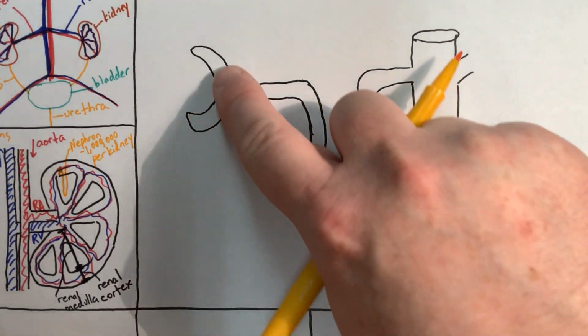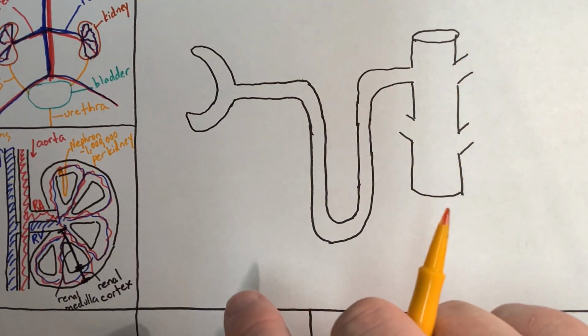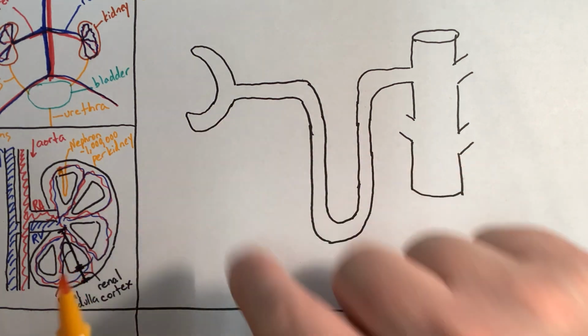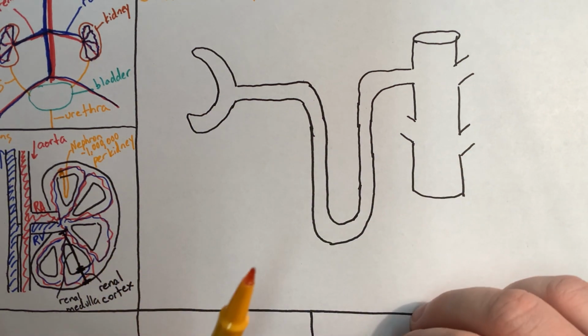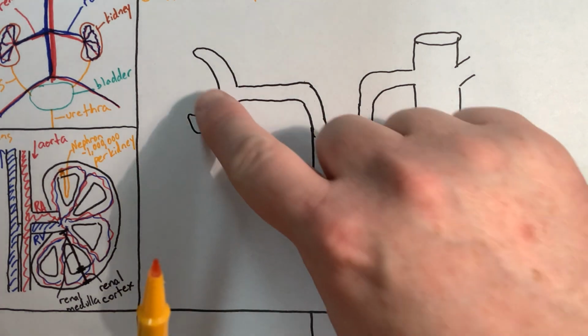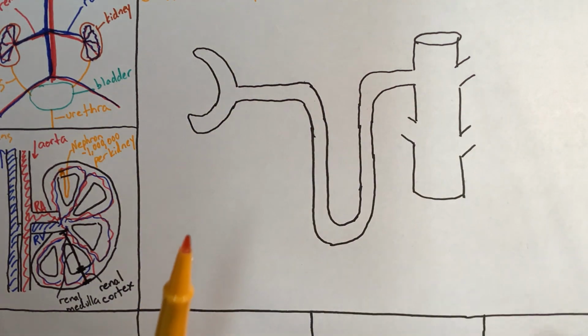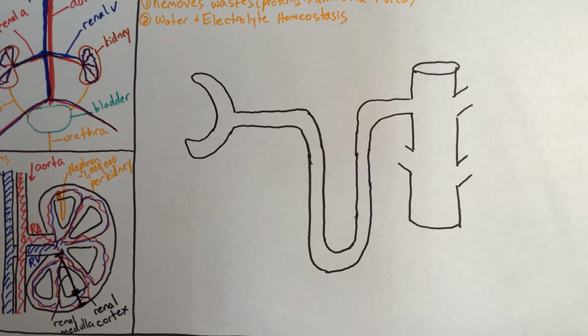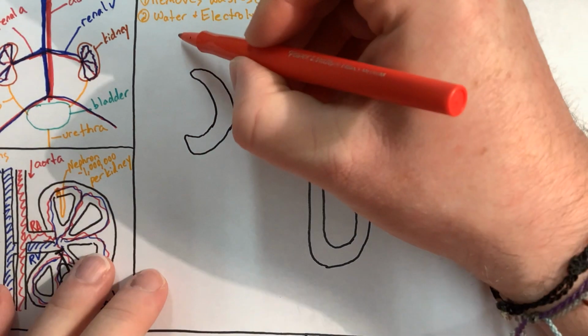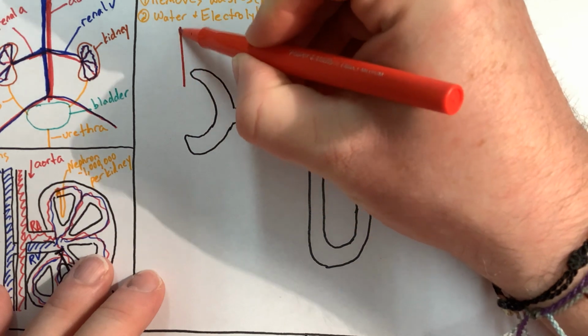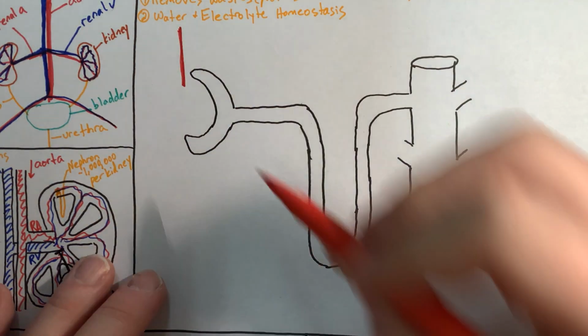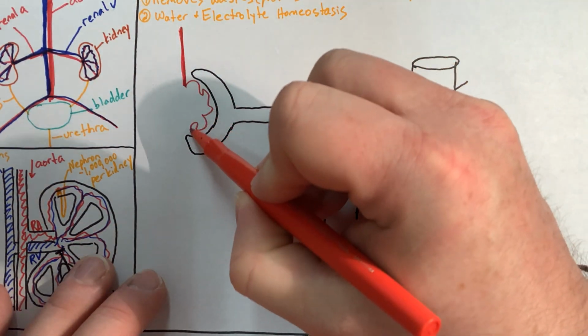A nephron has a cool little part here that, together, is called the glomerular capsule, if I can say that. And this is the part of the kidney that interacts with the blood. So let's go ahead and draw some blood vessels in. We're going to draw an arteriole coming in, and then we're going to draw a bunch of capillaries in here.